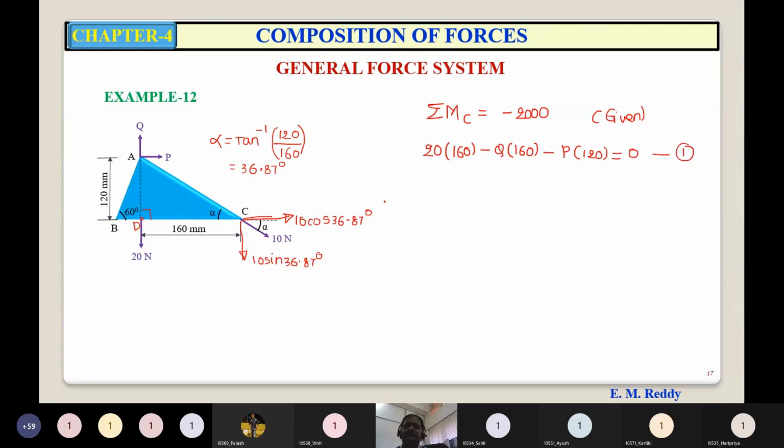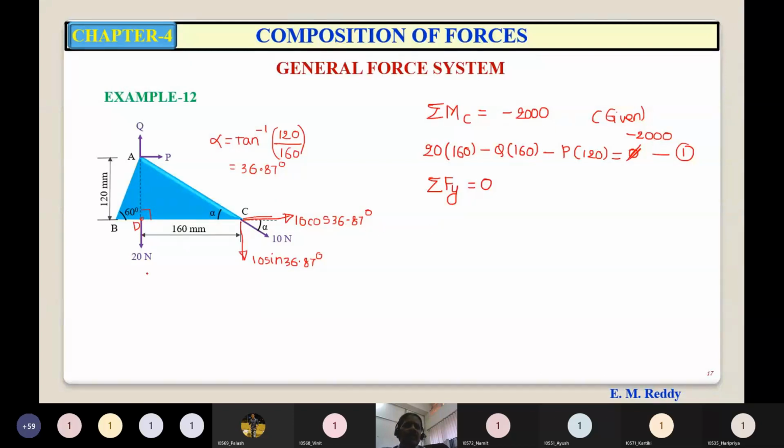Say equation 1, equal to minus 2000. The second condition is that the resultant is acting horizontally. That means the vertical component of the resultant is 0.